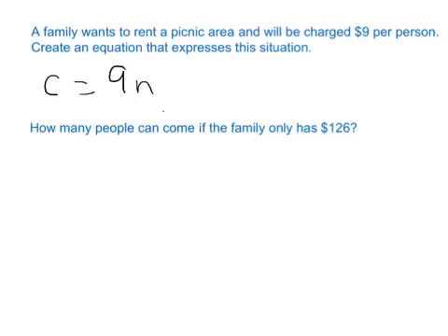So this n is the number of people. And this C right here, that's going to be the cost. So which one would fit in $126? That would be C right here. So I'm going to rewrite it underneath. $126 equals 9n.